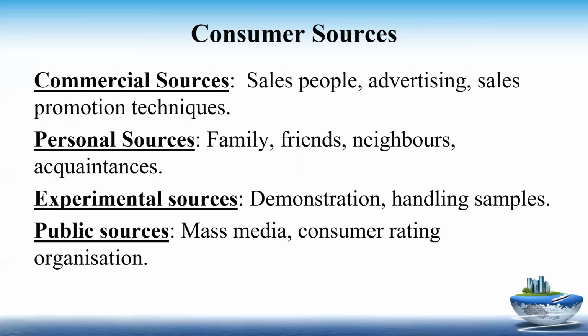And the public sources could be mass media, consumer rating organizations, or the reviews given by consumers on various sites like Amazon, Flipkart, or various e-commerce companies that give options to consumers who have already purchased the products to give their reviews. They are sending feedback messages through email and WhatsApp, through which they are getting information about their product and services, how well satisfied they are, and how they are feeling after the purchase of the product.